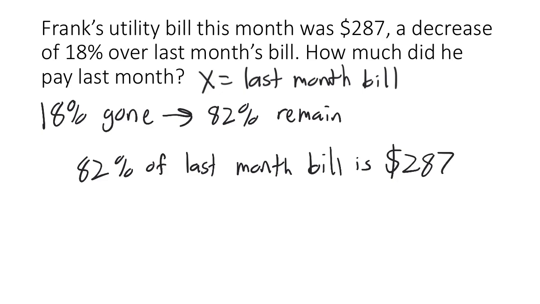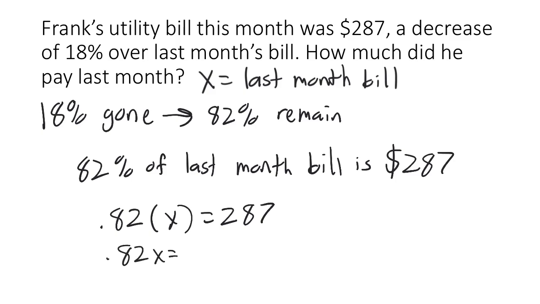This translates very nicely into an algebraic equation. 82%, 0.82, of means multiply. Last month's bill, we're calling x, is equal to 287. So we have 0.82x equals 287.